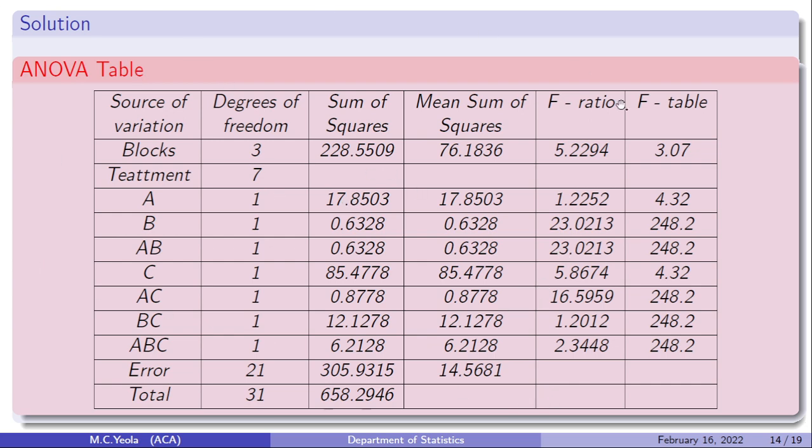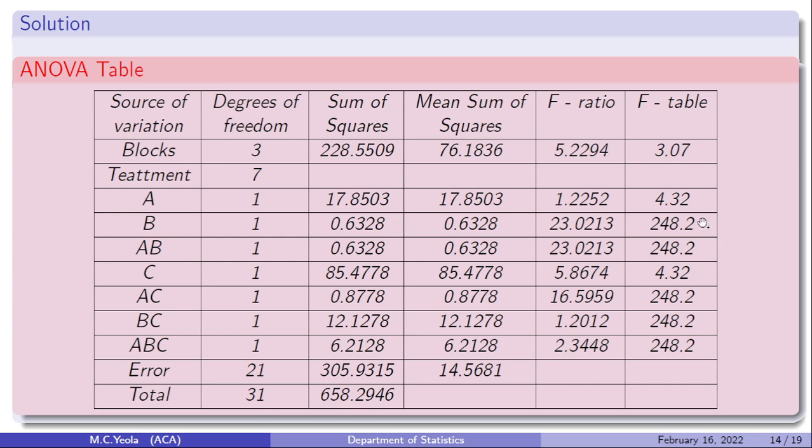So wherever 1 upon F is taken, the degrees of freedom for the F table also get interchanged. Here we require 121, but where we have changed to 1 upon F, the parameters are F with 21 comma 1 degrees of freedom at 5% level of significance.